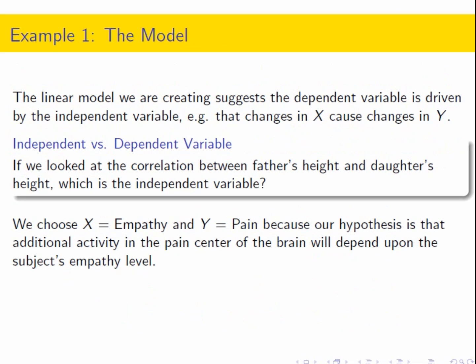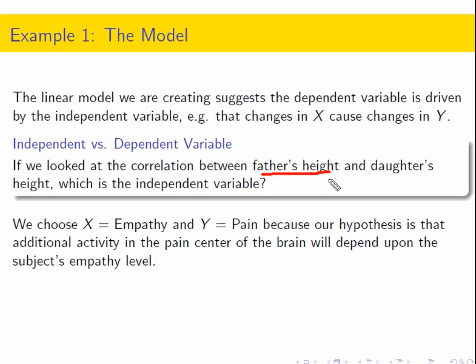But let's take a look at how to assess the correlation. So we're using a linear model, and that comes with the assumption that we have an independent variable and a dependent variable. In this particular example, the independent variable is empathy, because the researchers' hypothesis is they believe higher levels of empathy will lead to higher activity levels in the pain center of the brain when the women see their significant other shocked. So think about it in a situation where you have a father's height and a daughter's height, right?